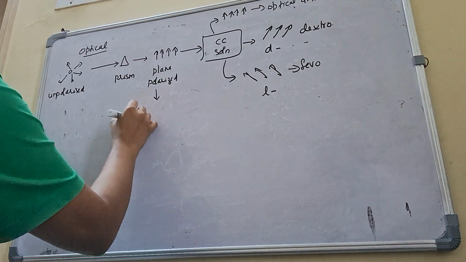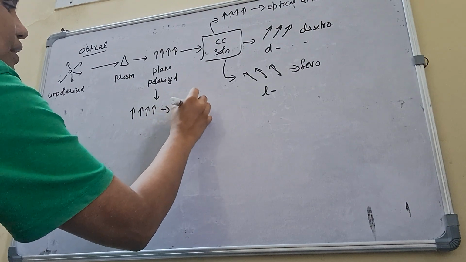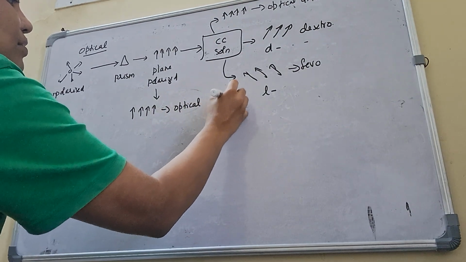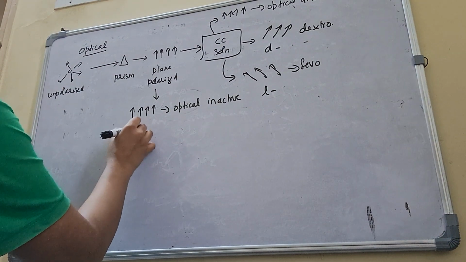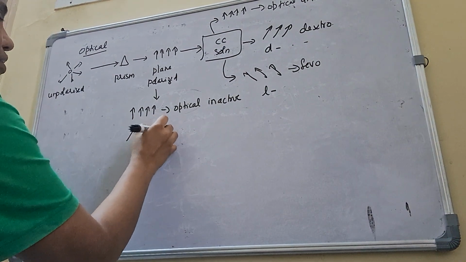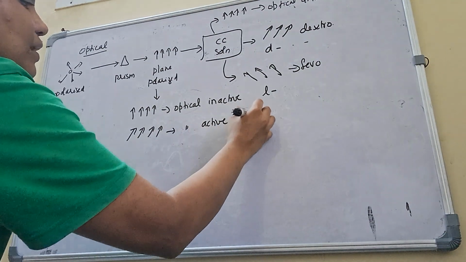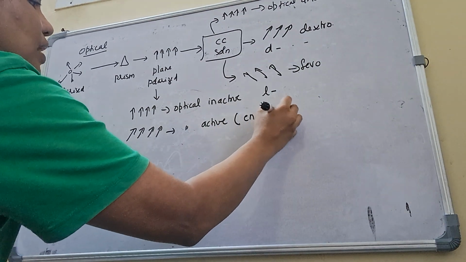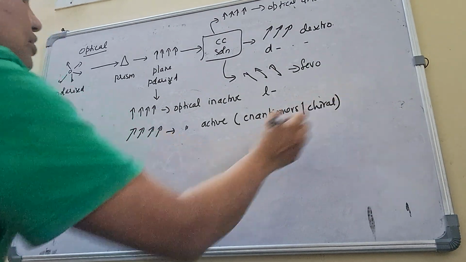So if the plane polarized light remains like this, that means it is optically inactive. Optically inactive means it is not showing any activity. That means it is not exhibiting optical isomerism. But suppose it is taking this path, that means it is optically active, and we call optically active compounds enantiomers or chiral substances.